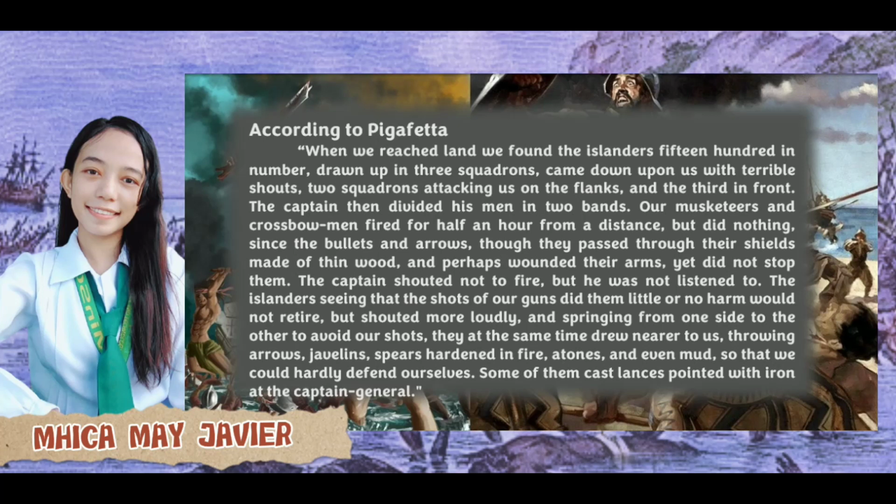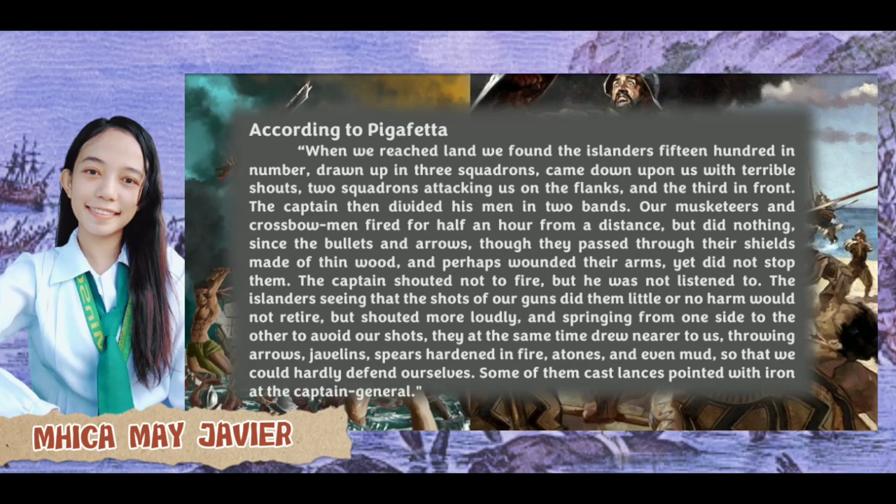Our musketeers and crossbowmen fired for half an hour from a distance, but did nothing, since the bullets and arrows passed through their shields made of tough wood, and perhaps wounded their arms, yet did not stop them. The captain shouted not to fire, but he was not listened to.